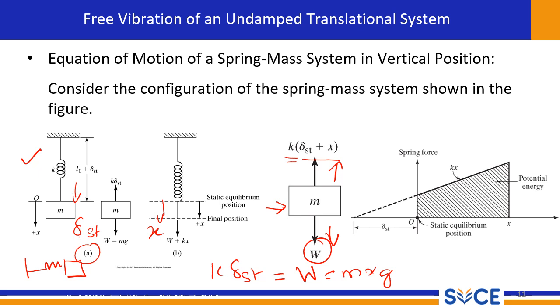We note that the equation gives W equal to k delta static. Therefore, we can substitute in our equation and cancel terms in such a way that m x double dot plus k x equals 0. This is exactly the same equation of motion that we derived in the previous slide.